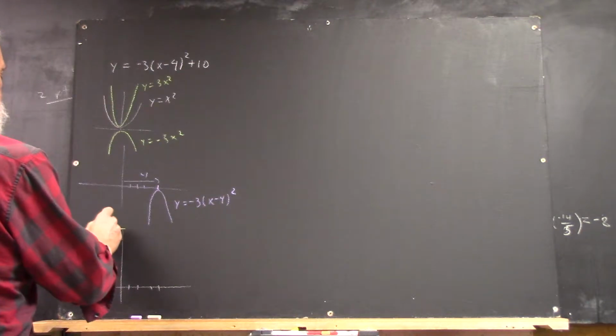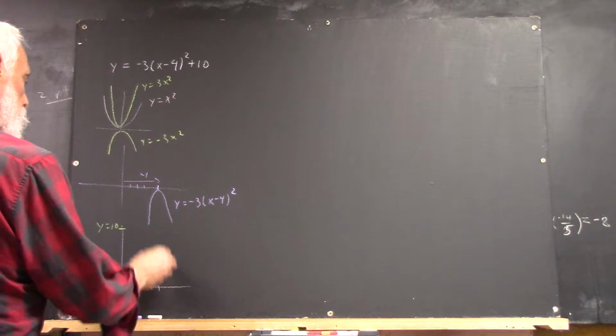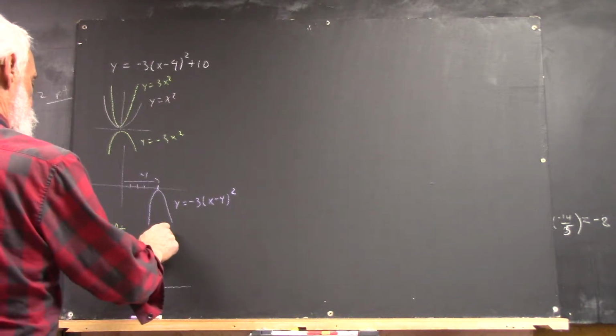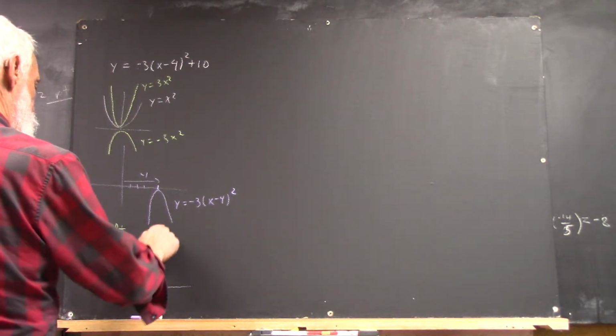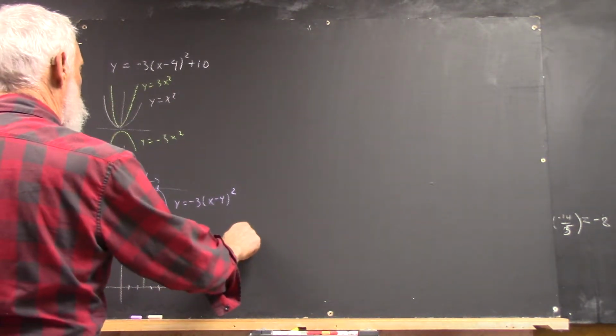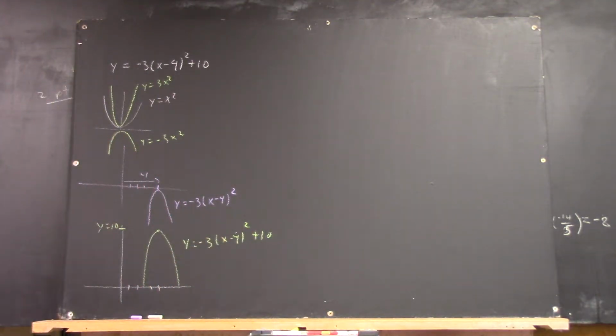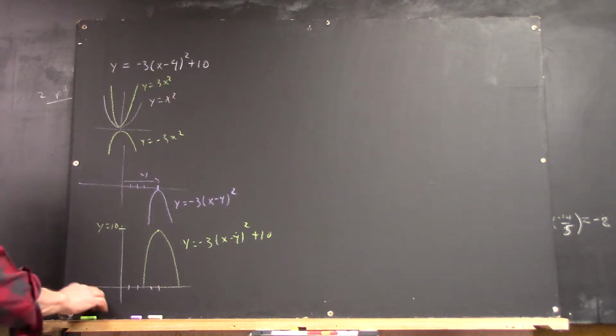We come up to 10 because we have to shift this up 10. And now we have y equals -3 times (x minus 4) squared plus 10. In other words, we graph the thing, not by plugging in points, and an approximate graph suffices to answer most of these questions.